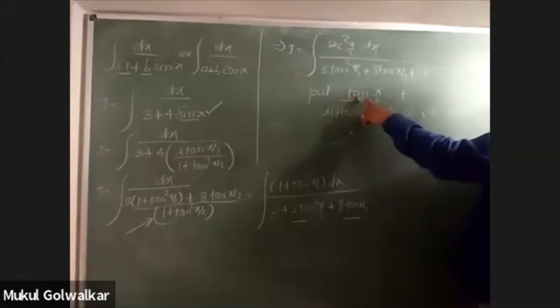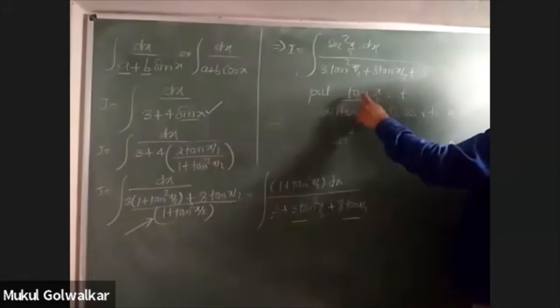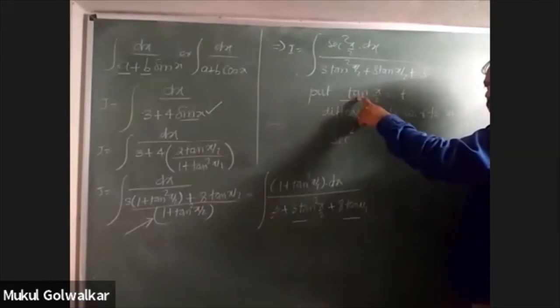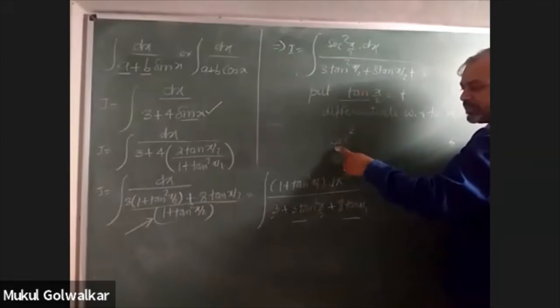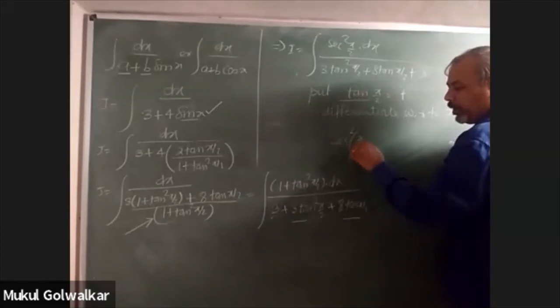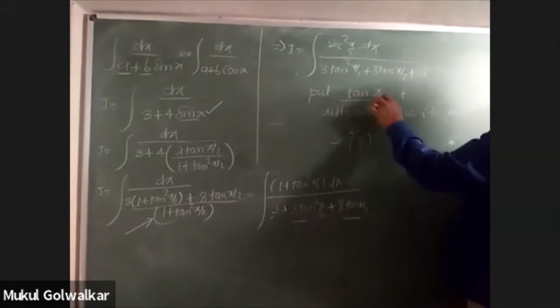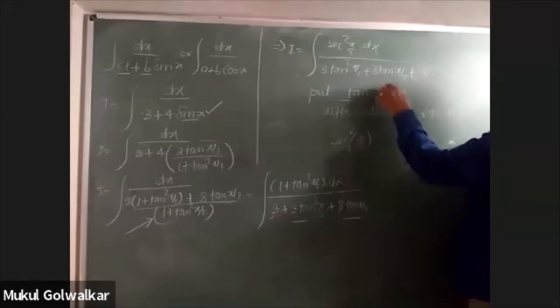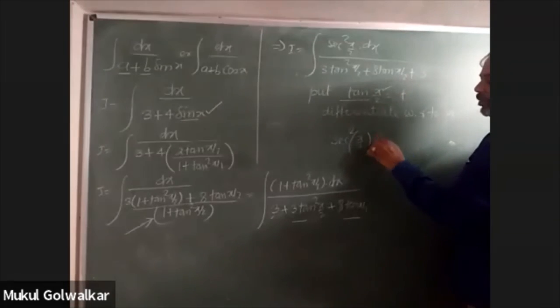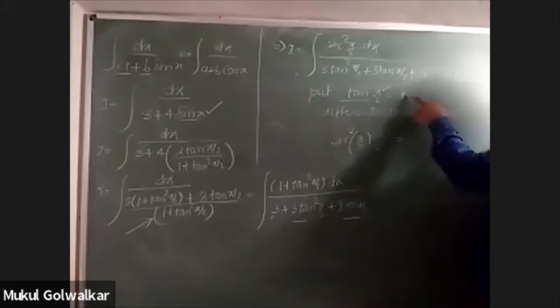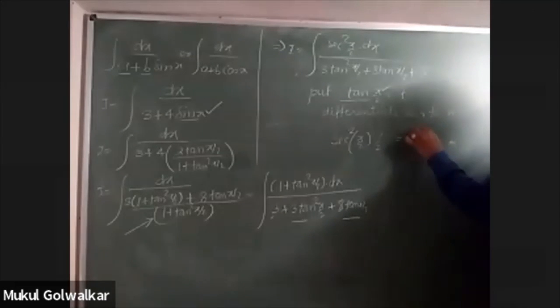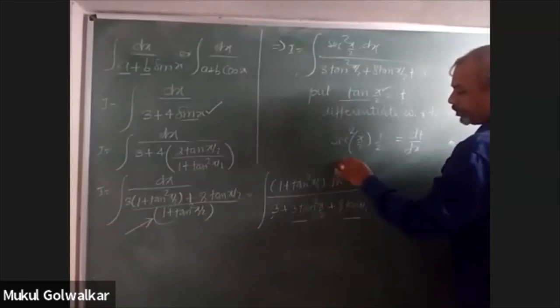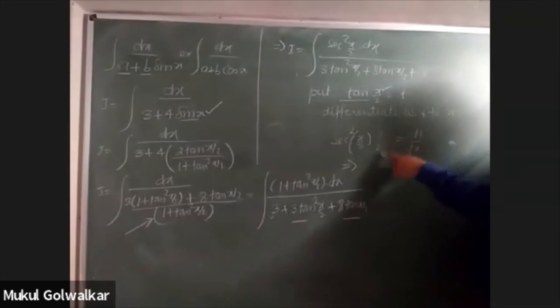So when I differentiated tan x by 2, first I differentiated the tan function. So the derivative of tan function is sec square, x by 2 remains same, and after differentiation of the tan function, then I should differentiate x by 2. So that will be written 1 by 2, equal to t differentiated with respect to x, that gives me dt by dx. So here this 1 by 2 is a constant quantity.